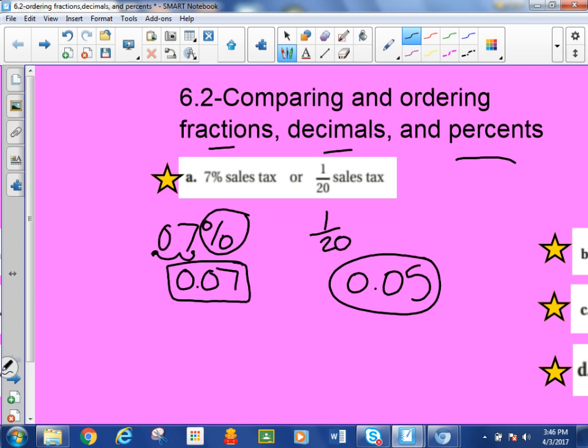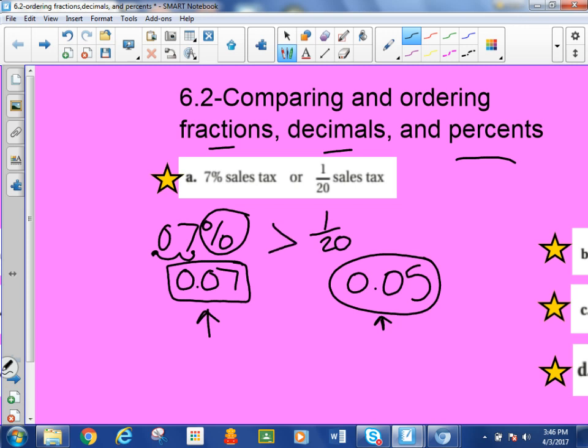So I'm looking at the two. The 7% would be 0.07 of my original cost, and the 1/20th would be 0.05 of my original cost.